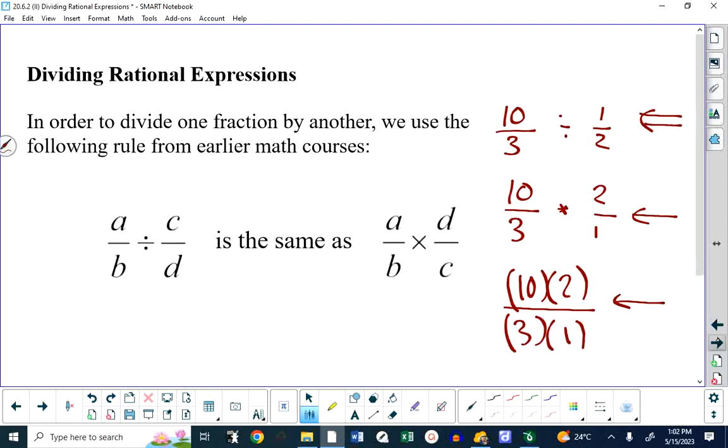I've gone from today's work to Friday's work to Thursday's work. And then you can cancel common factors. There aren't any here. There's no factor in 10 that's common to 3, and 2 is not common to 3. So it would be 20 over 3. So that's the rule that we're going to be using today.